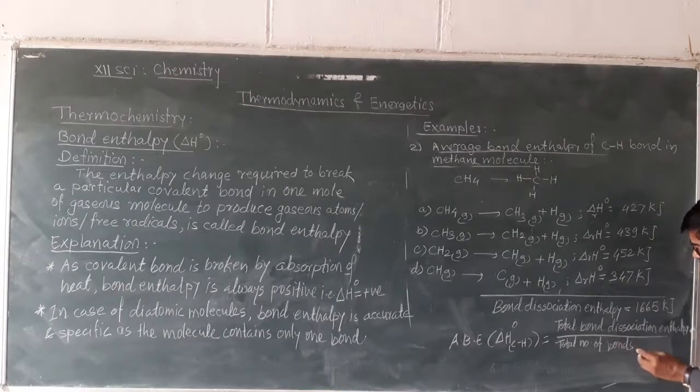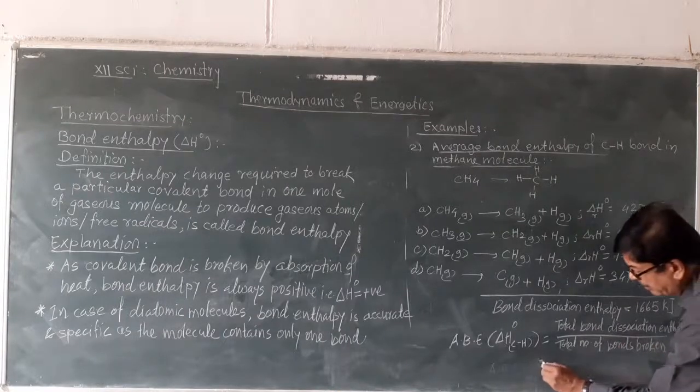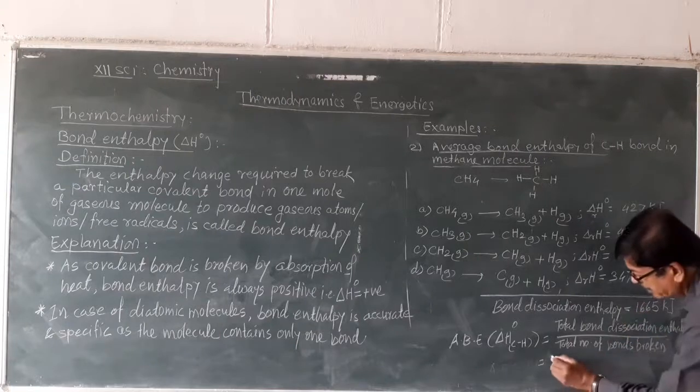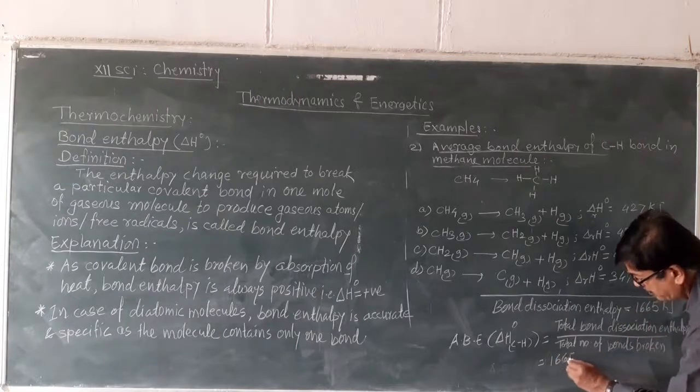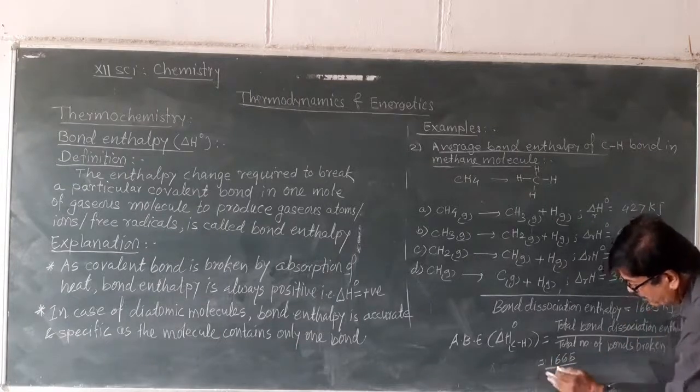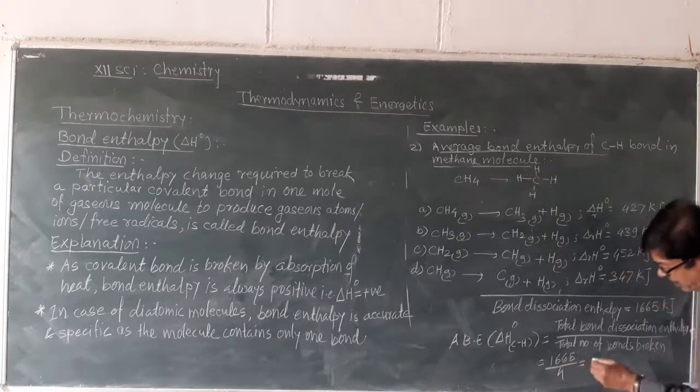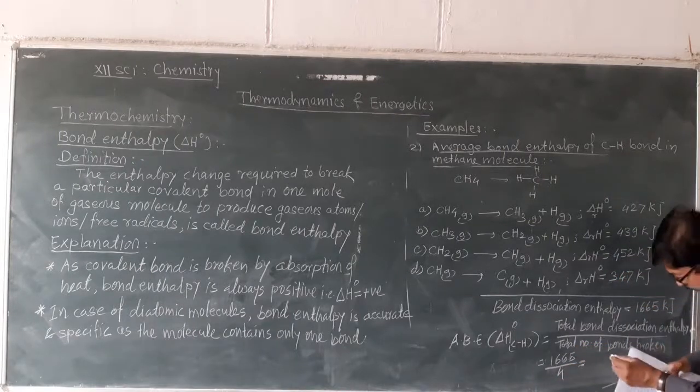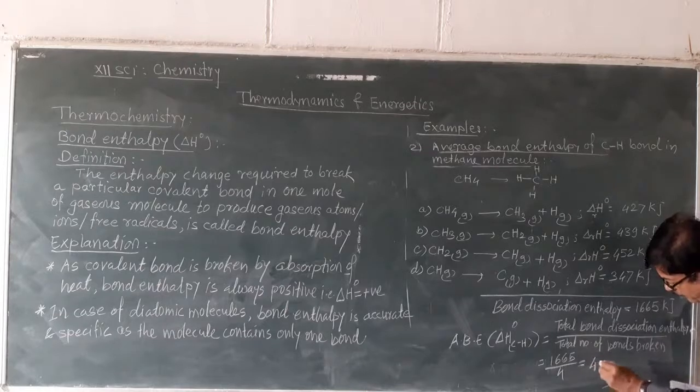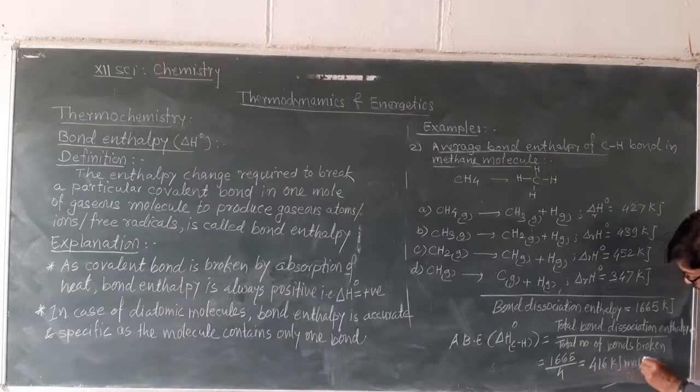This is the formula. Here total bond dissociation energy is 1665 kilojoule. How many bonds are broken? 4. If you calculate this ratio, we will get 416 kilojoule per mole. This is the bond enthalpy of the C-H bond.